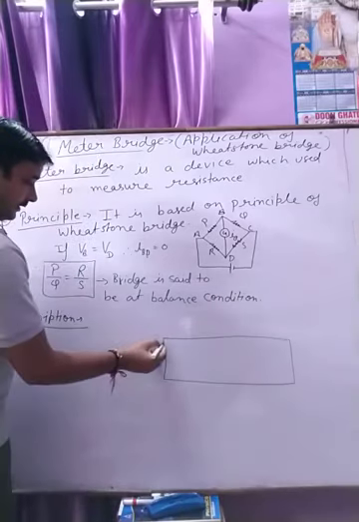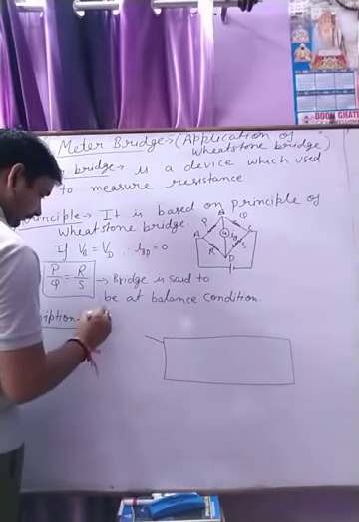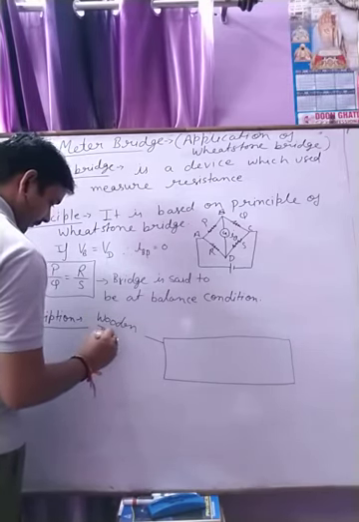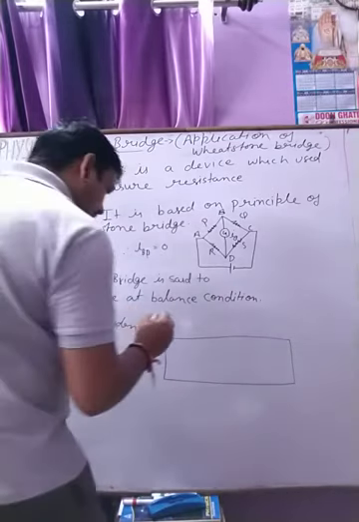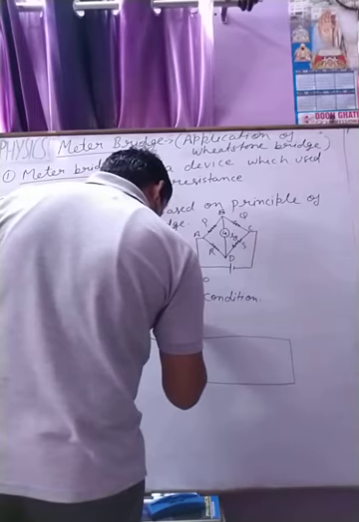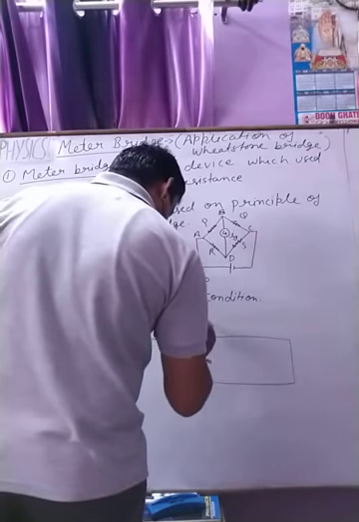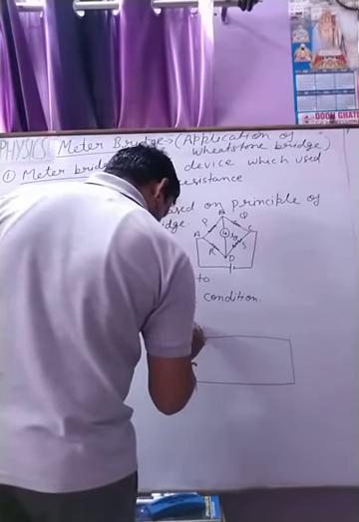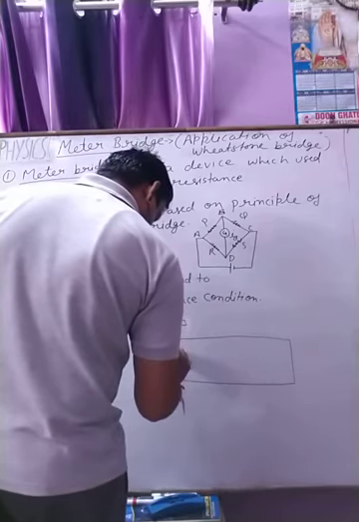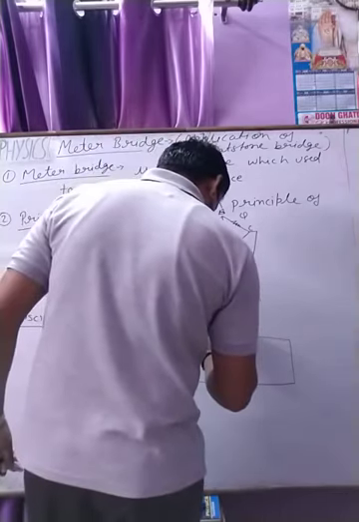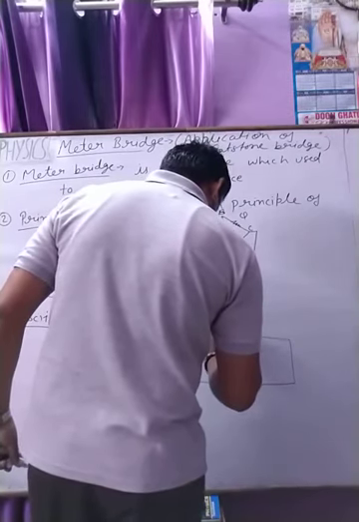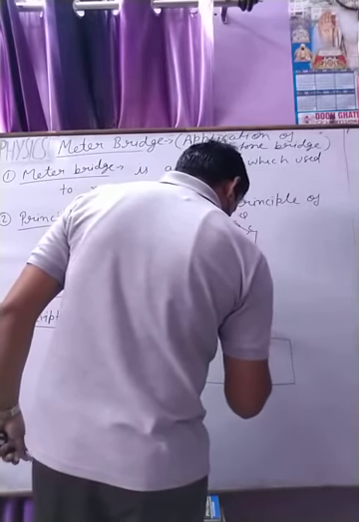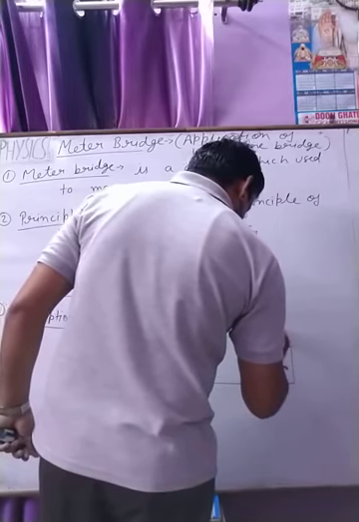A meter bridge is a wooden box in which 3 copper strips or bronze strips are connected.